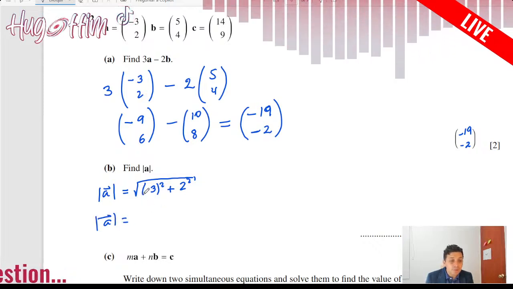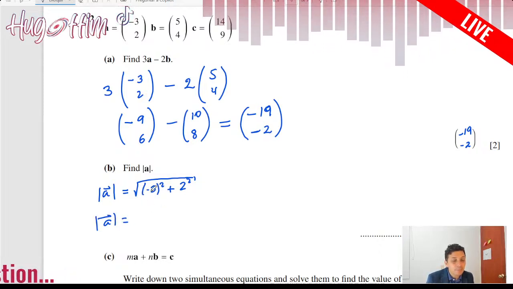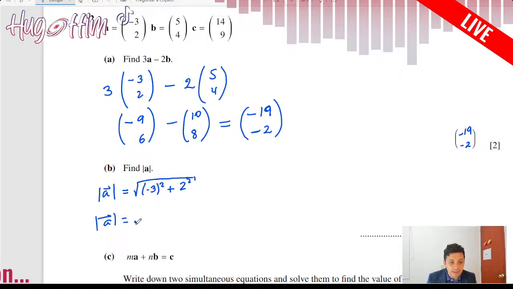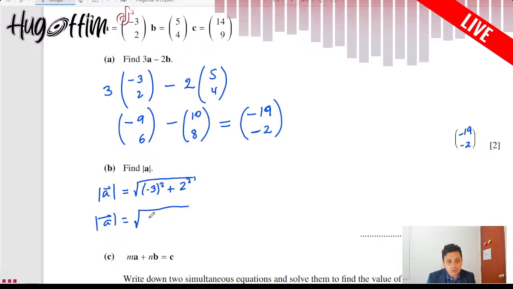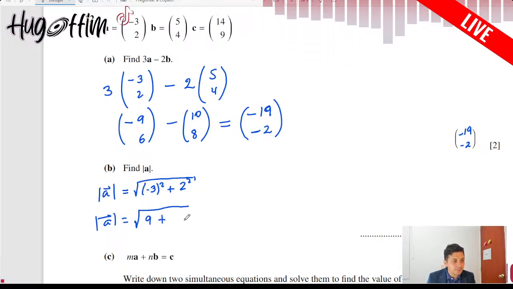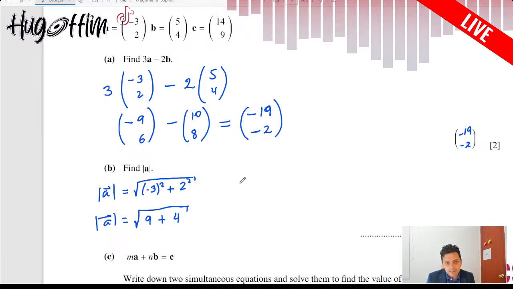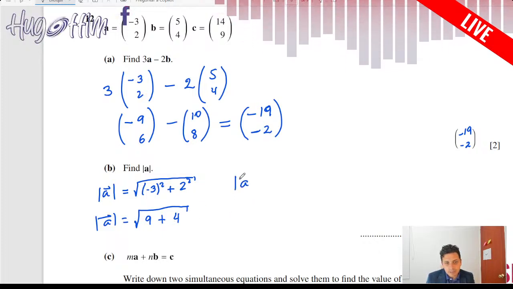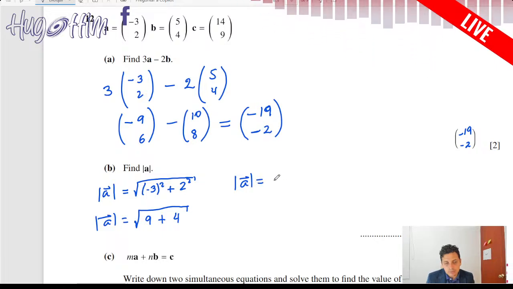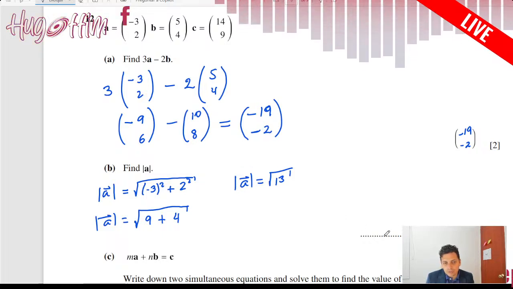Now remember that this negative sign is inside a parenthesis, so if you raise it to the second power, you're going to get a positive answer. So 9 plus 4. So in this case, we're going to write the square root of 13. Okay? So the magnitude of A is the square root of 13.